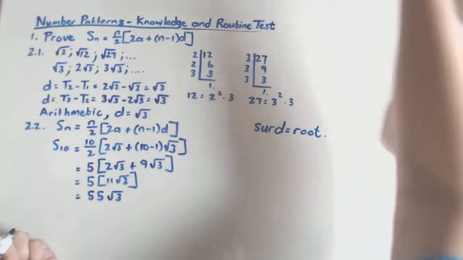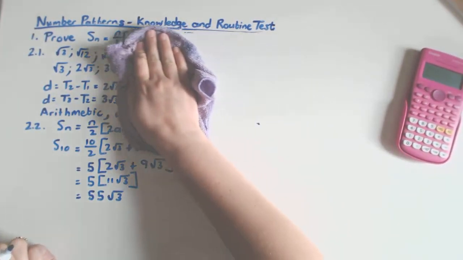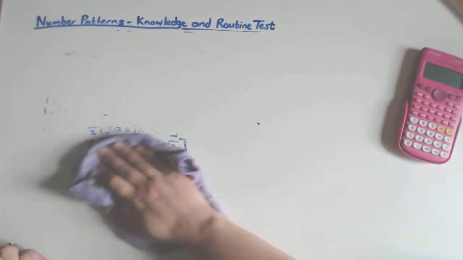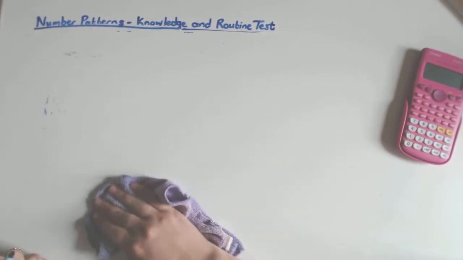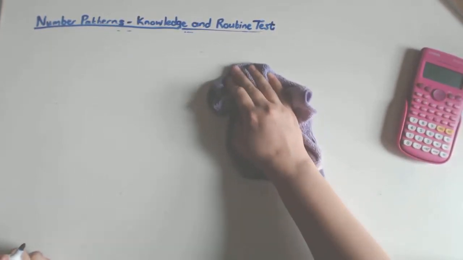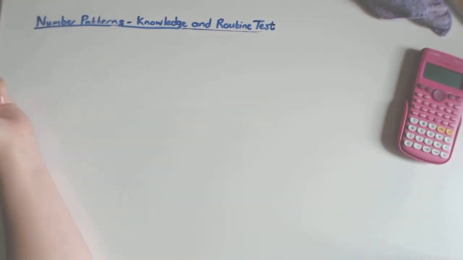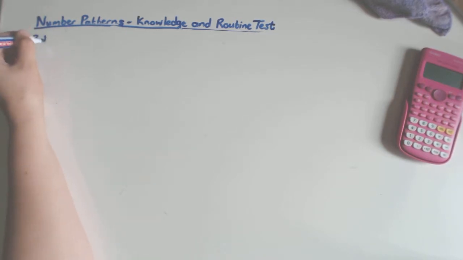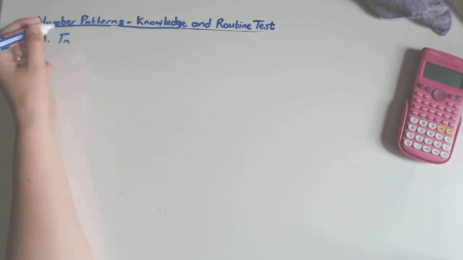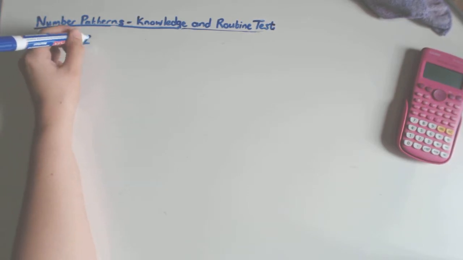Question 3 says, let's make some space here again. Question 3 says, find the first 3 terms for the sequence described by, and they give me a formula. The formula that they give me is this.